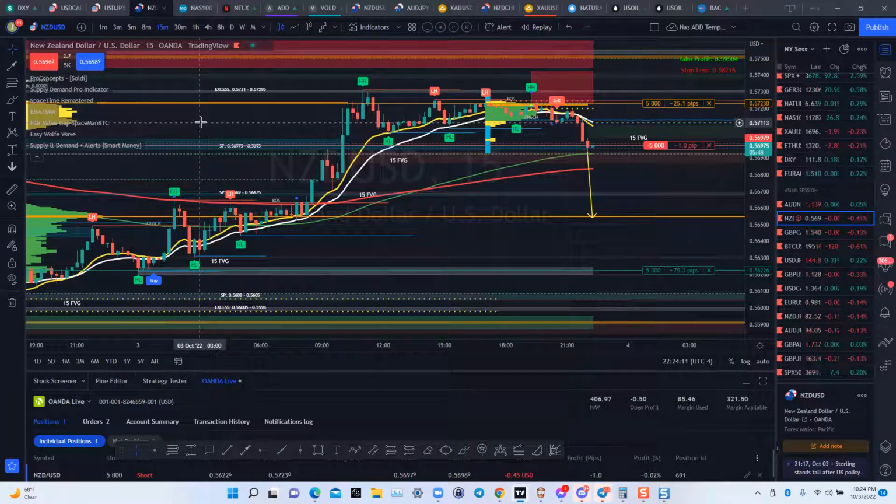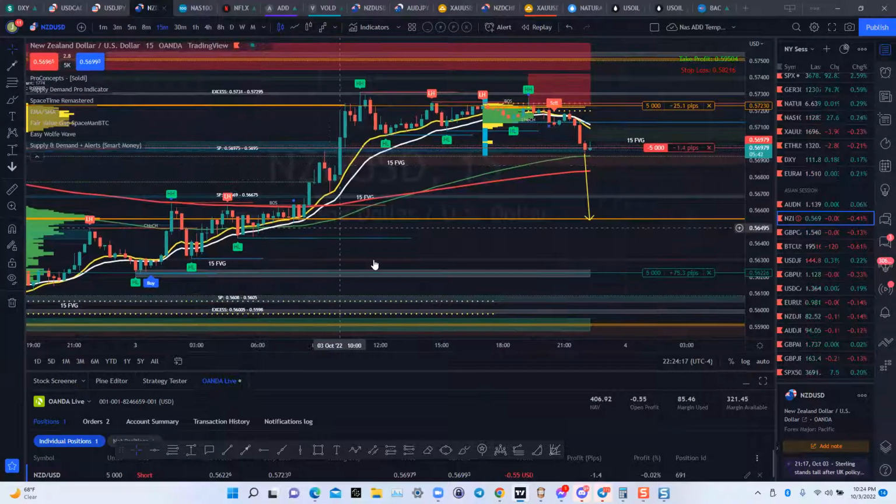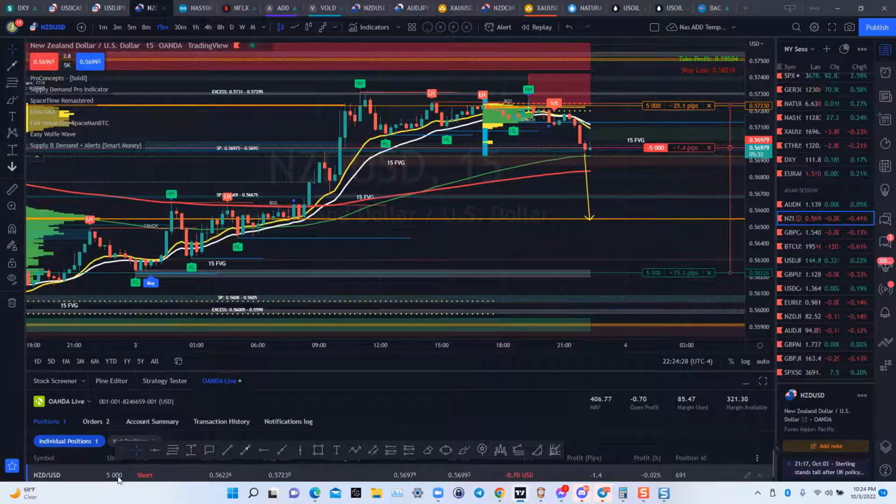But here it's 50 to 1, so I'd have to dump more money into this account. I'm doing 5 lots here, 5,000 units, which is 0.05, because 0.01 gives you nothing on this 50 to 1.